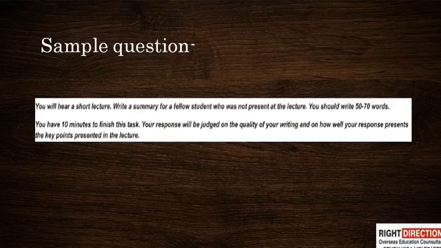You have 10 minutes to finish this task, and your response will be judged on the quality of your writing and how well your response presents the key points presented in the lecture. Now, I will play one audio for you so that you will be able to understand what kind of questions you can get in your exam.